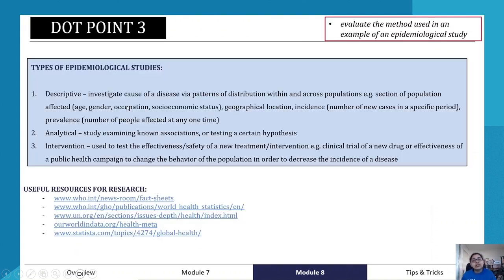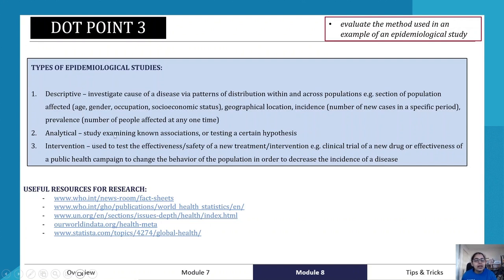So there are different types of epidemiological studies. We've got descriptive epidemiological studies, which investigate causes of a disease and wide patterns of distribution within and across populations. For example, we see if a section of the population is affected. We look at the geographical location, the incidence, and the prevalence.